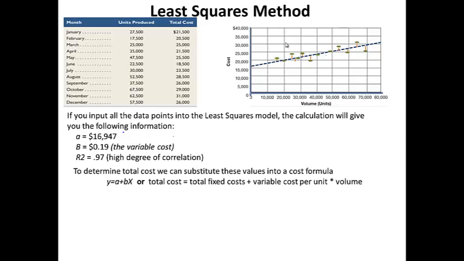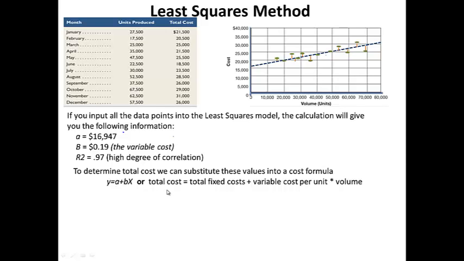Now, to determine the total cost within this department, we can substitute these values into a cost formula. If you go back and look at the original cost formula that they show in the book regarding the least squares method, it's y = a + b times x.